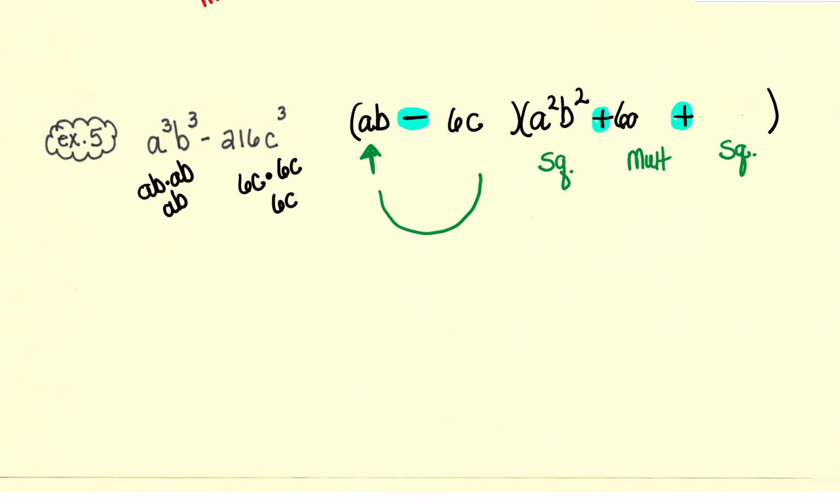Then I'm going to square the last. So 6 squared and c squared is 36c squared.